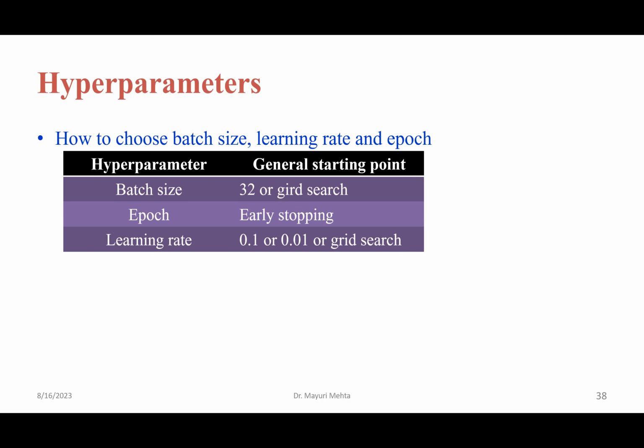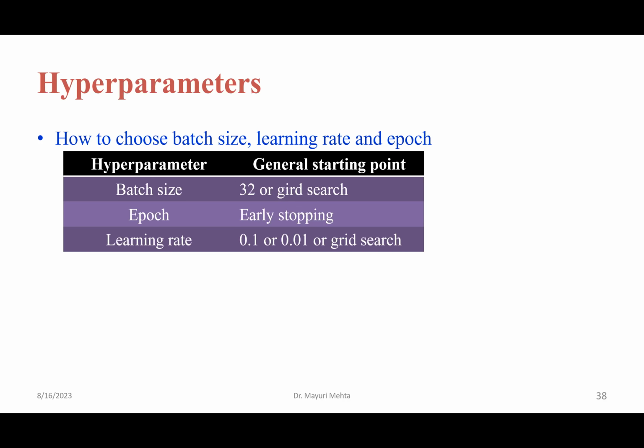So in a neural network, whenever we start, we always have beginning settings for these hyperparameters, but then through exhaustive experimentation, we set them. It is not that we set 32 initially, so it will be 32. We have to check with 32 and some different numbers like 64, 128, and so on.